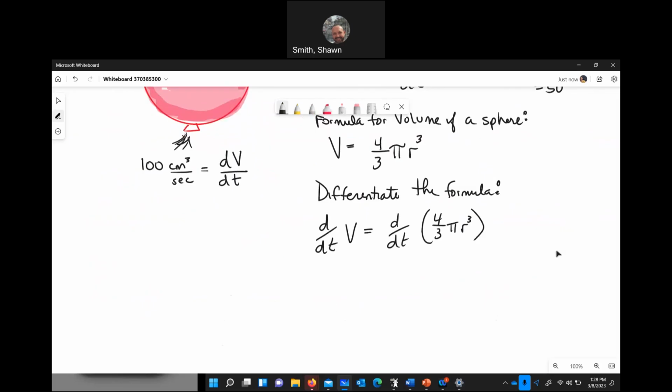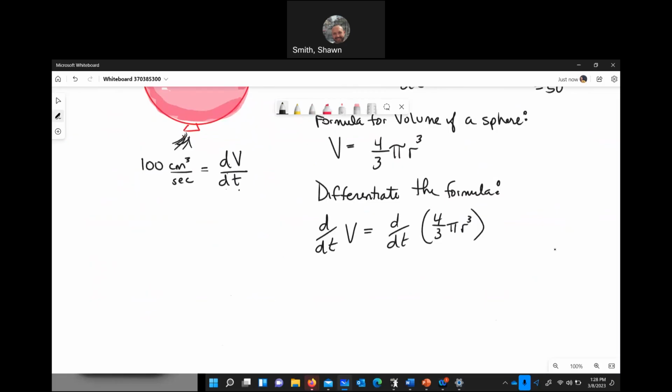I wrote it in function notation. You can still do that, or you can just use this notation. You can use prime marks, however you wish. I find this kind of notation easy because you're actually reading it. This is the derivative of the volume with respect to time. I'm trying to solve for the derivative of the radius with respect to time.